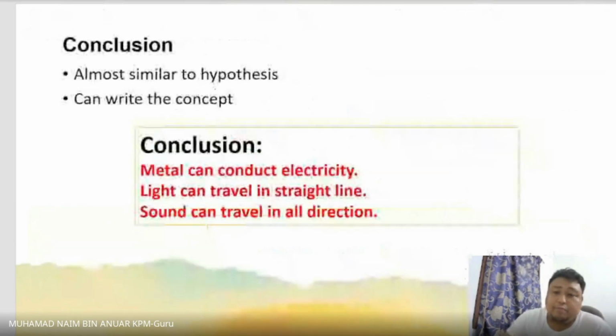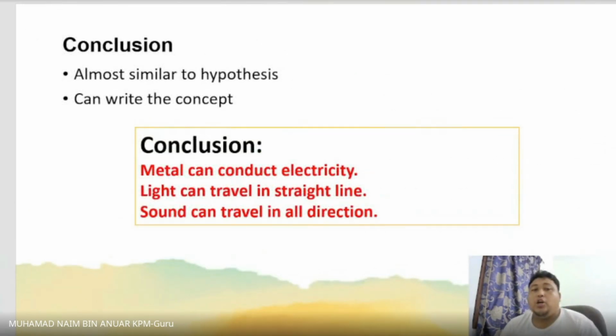Now, we skip one. We go to the last one. Conclusion. Conclusion is almost similar to hypothesis. There are 2 ways to do a conclusion. Number 1, you can write it like the hypothesis: as MV increases, RV increases, or decreases.